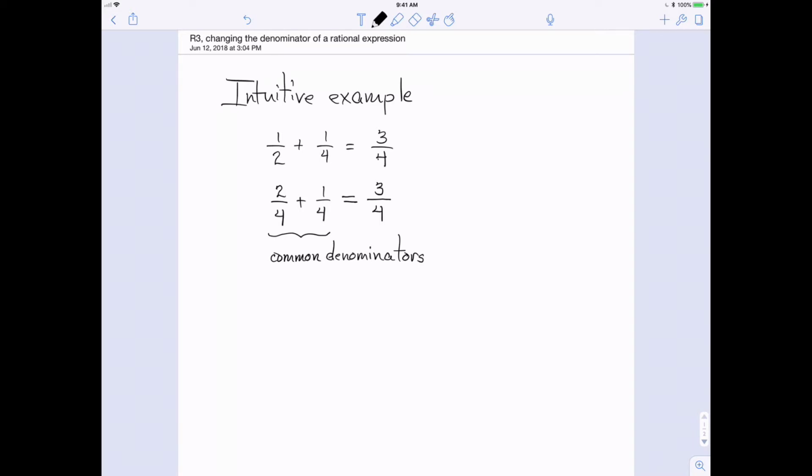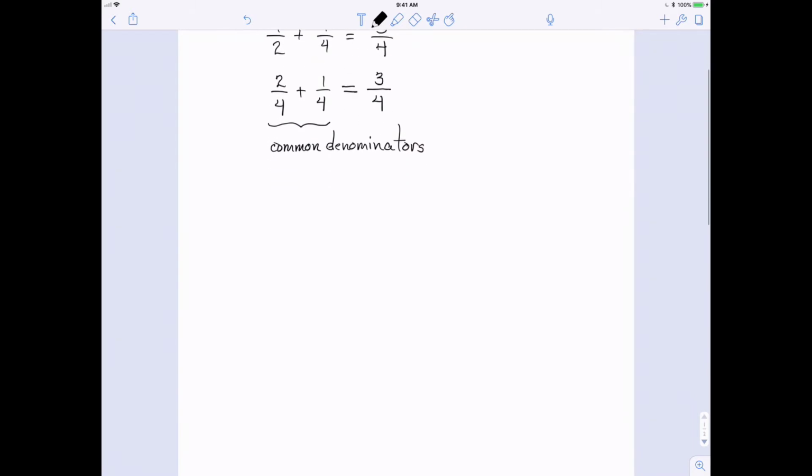Now, let's take a look at a bit more challenging problem and see if we can understand how this works. In order to do this, we're going to do a little bit more work first. This might seem a bit trivial, but bear with me. For example, if I ask you, what is 1 times 5? You would simply say, that's 5.